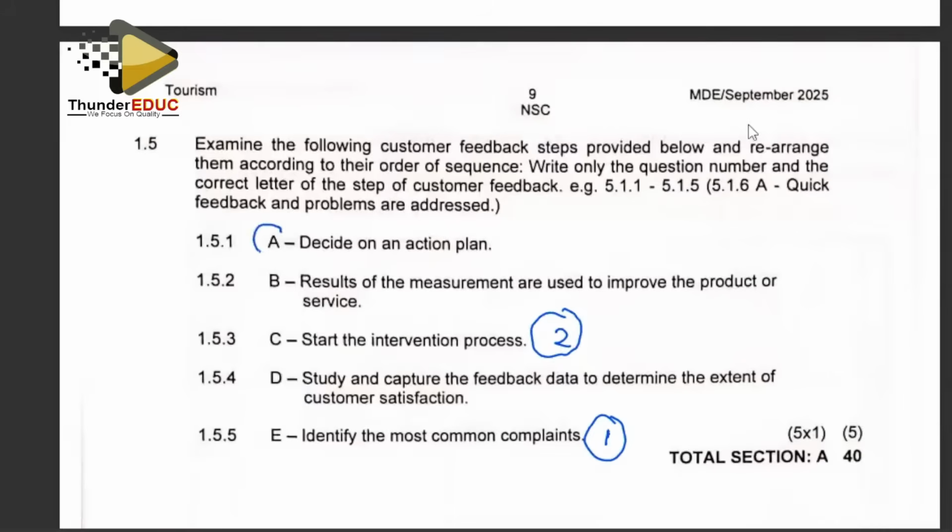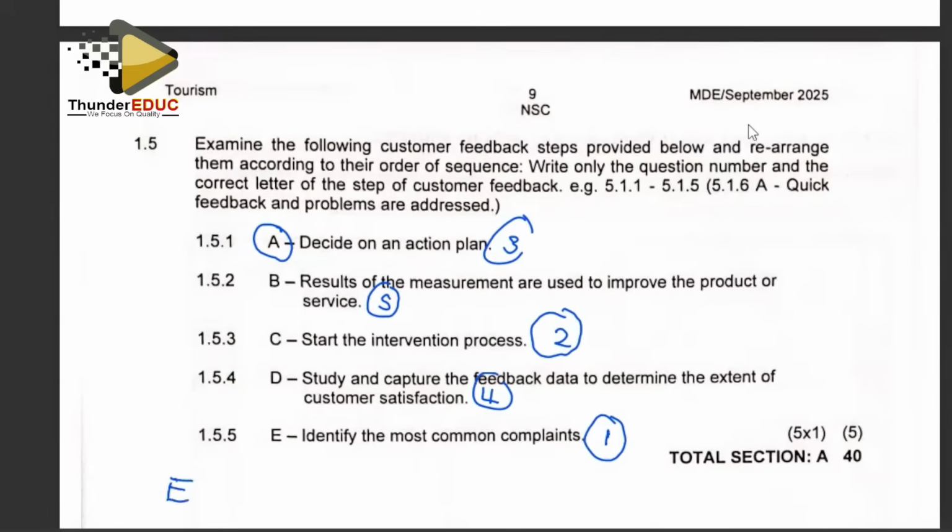After deciding on an action plan, you also study and capture the feedback data to determine the extent. So this one is number 3. Then our number 4 will be this one. Then the last stage will be results of the measurement are used to improve or correct our customer service. So the correct sequence will be E.